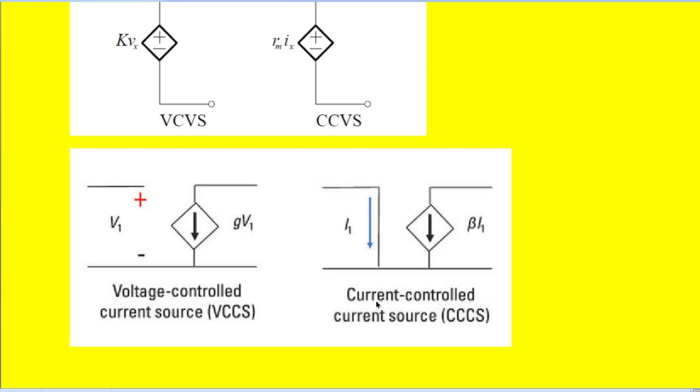Because it depends upon the current flowing in the circuit, we represent its magnitude in terms of that current, so that is beta times I1. This is the current I1 flowing in some branch of the circuit, and the dependent current source depends upon this current. That is why we represent it here as beta times I1.